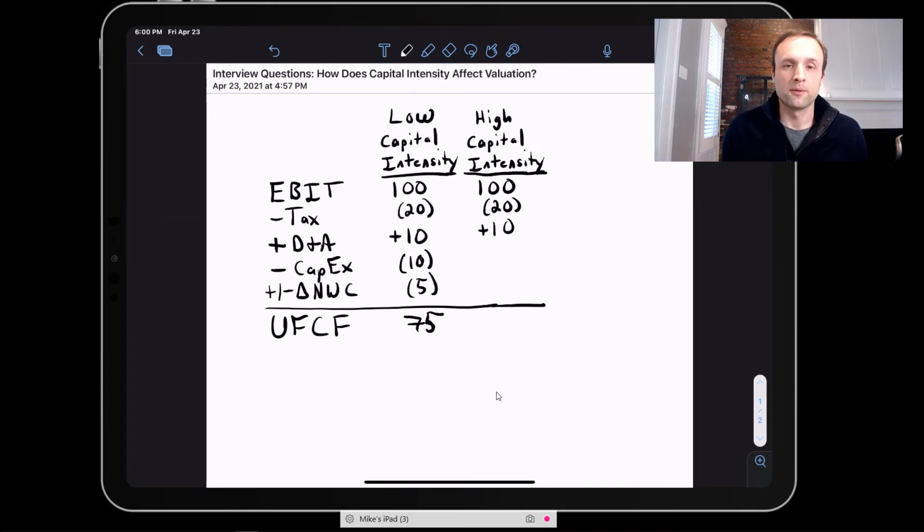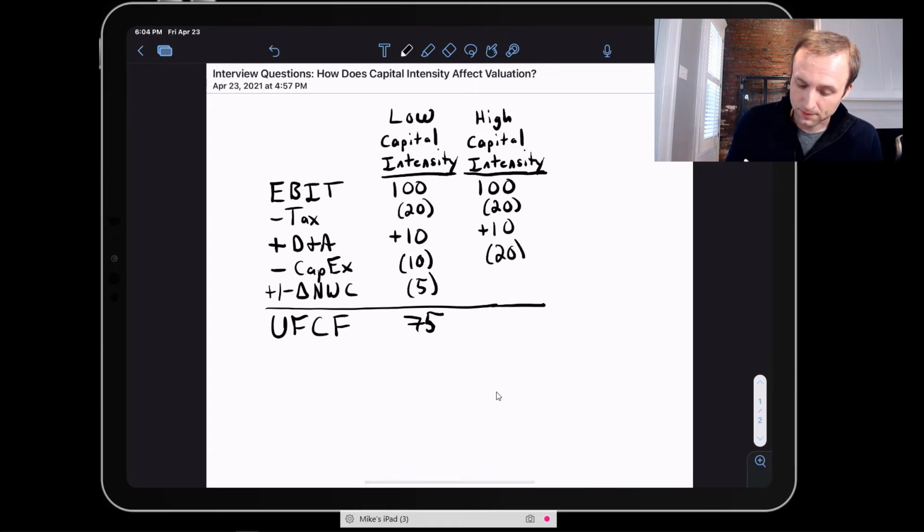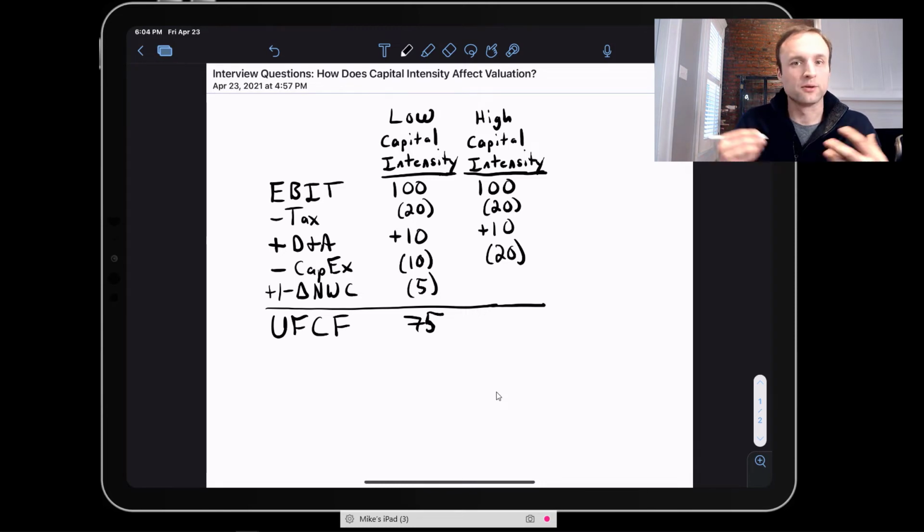Now let's look at the example on the right-hand side, the high capital intensity example. And again, we're assuming that this is a company that does its own manufacturing, that manufactures all of its products. So for this example, we're going to assume a higher level of capital expenditures, let's say $20 of capital expenditures. And let's say that for one reason or another, it actually has higher working capital requirements, maybe due to its business operating model or something along those lines.